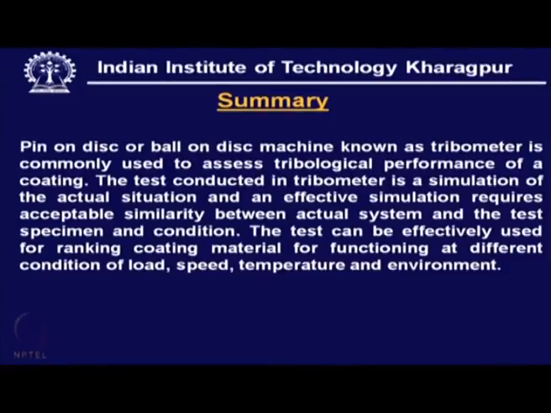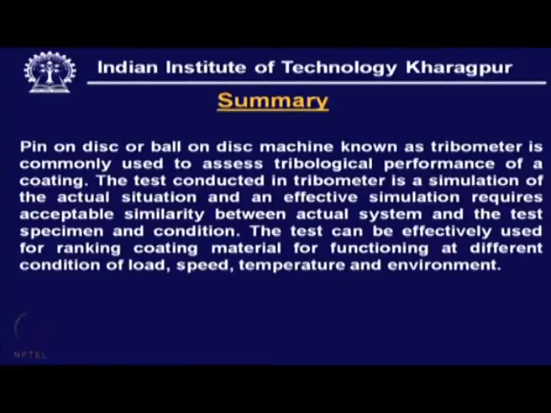So, with that we can make a summary of this discussion: the pin on disc or ball on disc machine, known as a tribometer, is commonly used to assess the tribological performance of a coating.